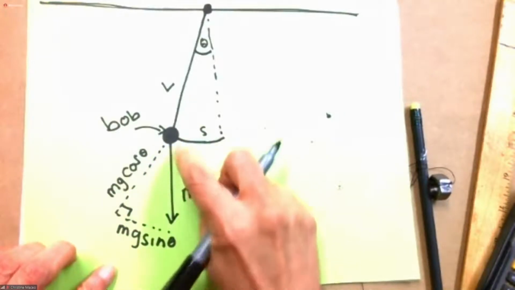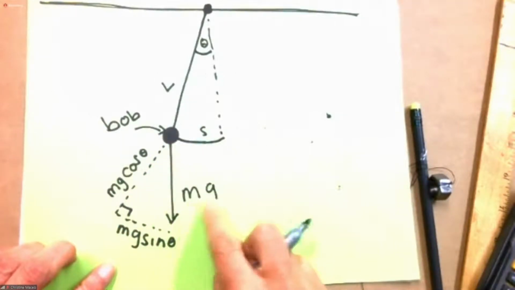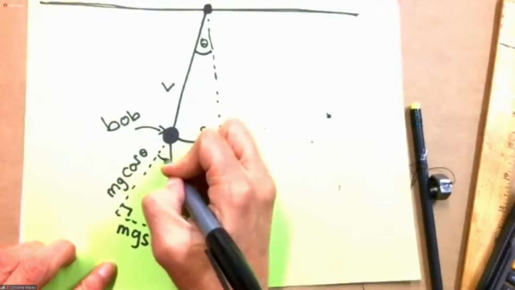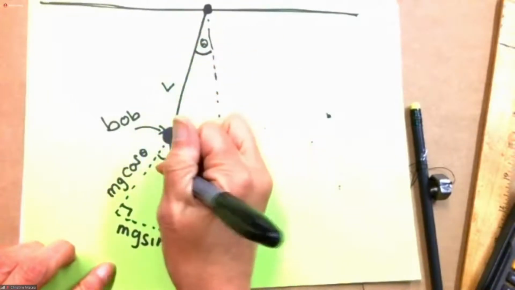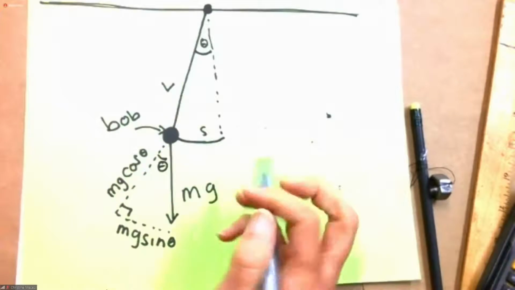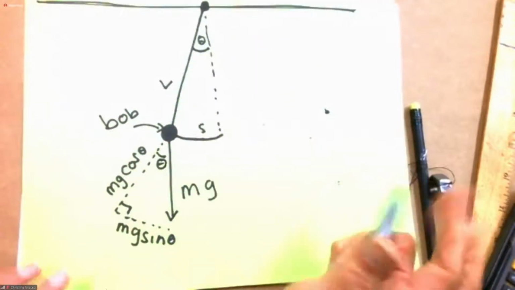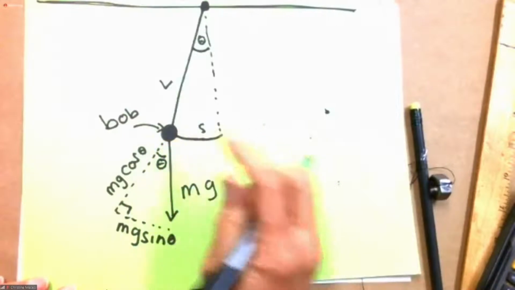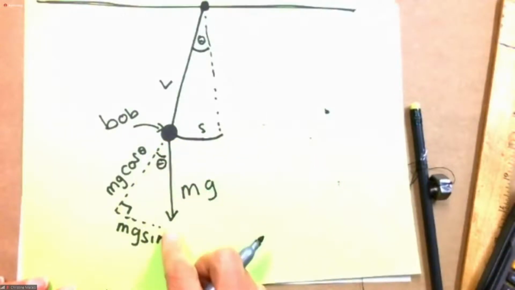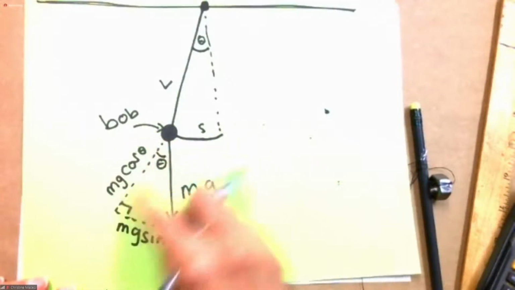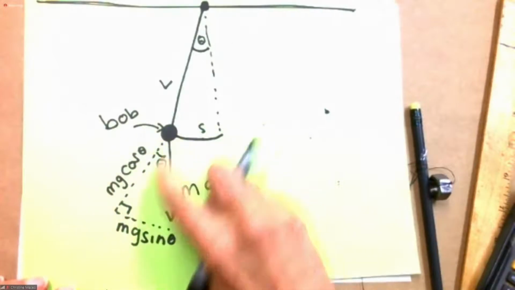Now, when I look at this mg here, or this force here, the angle that I moved it up here actually reappears down here. Here's the trigonometry. I can break this up into two components because what I have is a right triangle over here. So I have a cosine of the angle that's adjacent to theta, and then I also have a sine of the angle that's opposite to theta.